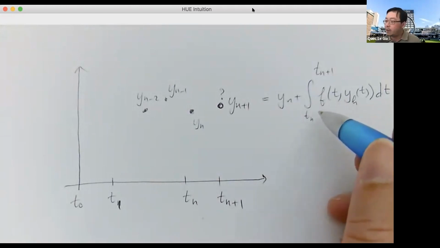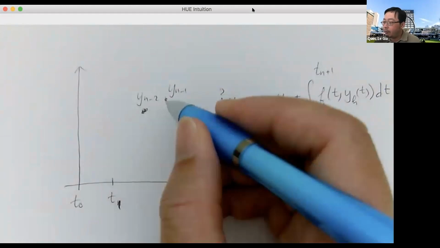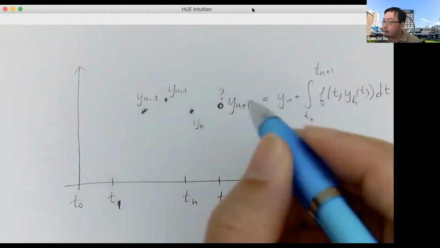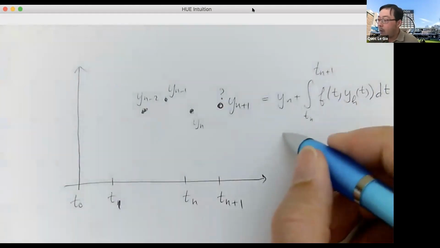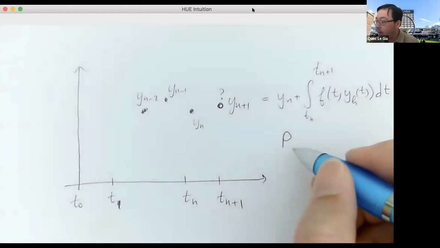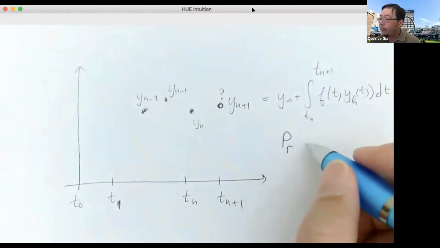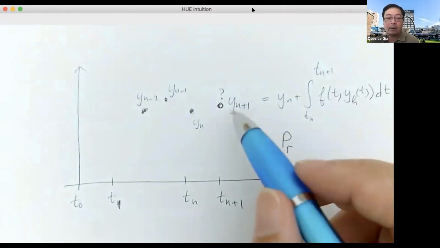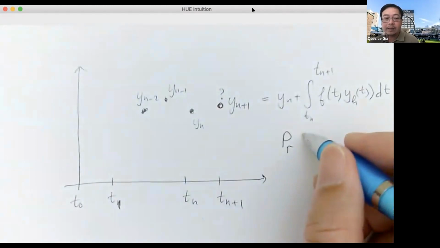And remember, we studied the process of finding a polynomial that goes through those points. So suppose I want a polynomial Pr that goes through those points. Here r is just a parameter.